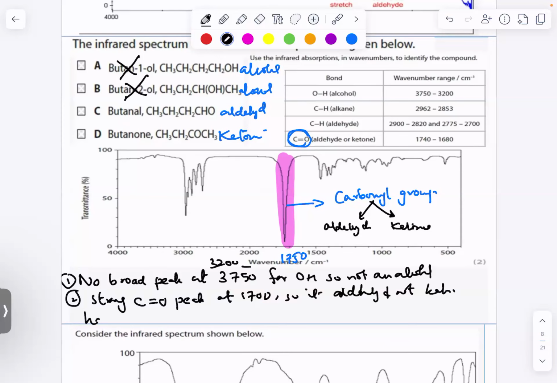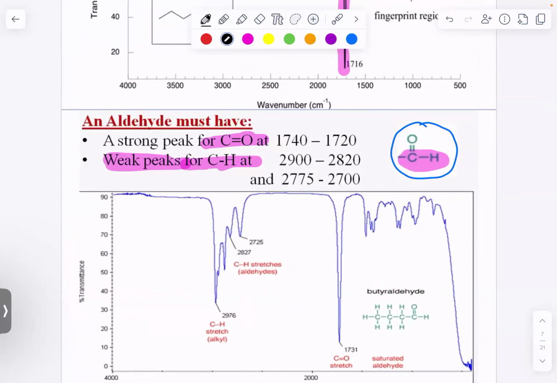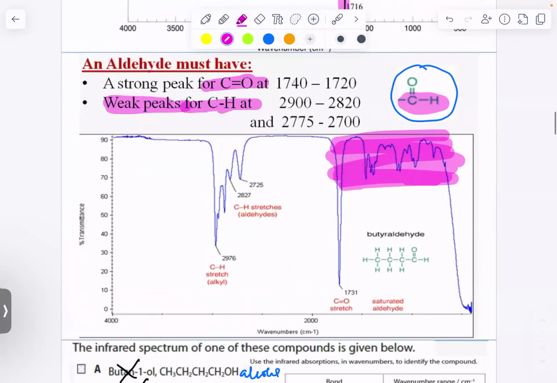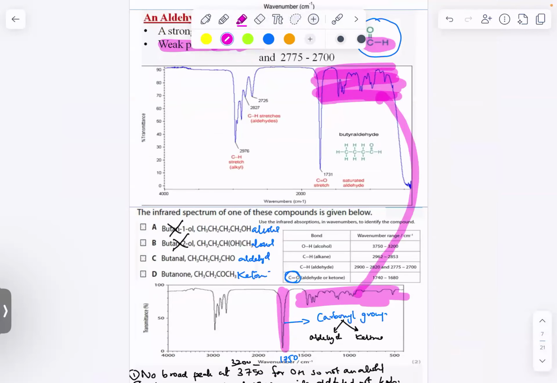And why? It has weak peaks. If you remember, I showed you the weak peaks. Can you see these peaks? And can you see these peaks? Is there any relation between these two peaks? Have a look, Anika.